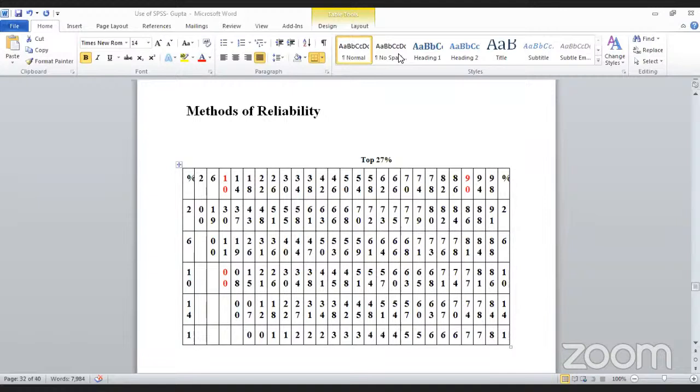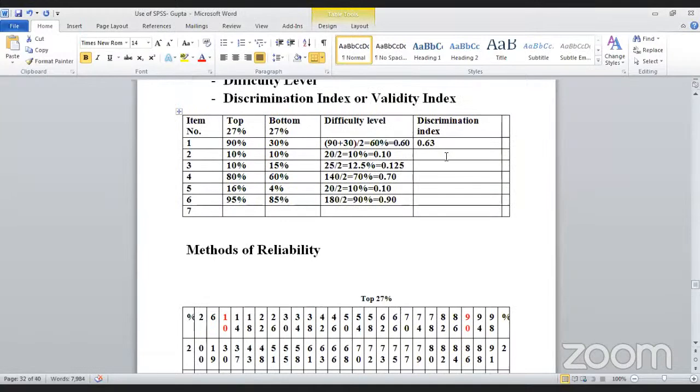Because if it is difficult, then people from the bottom should not answer that particular question correctly. So therefore, whenever it is the same, then you can say that here the discrimination is 0.